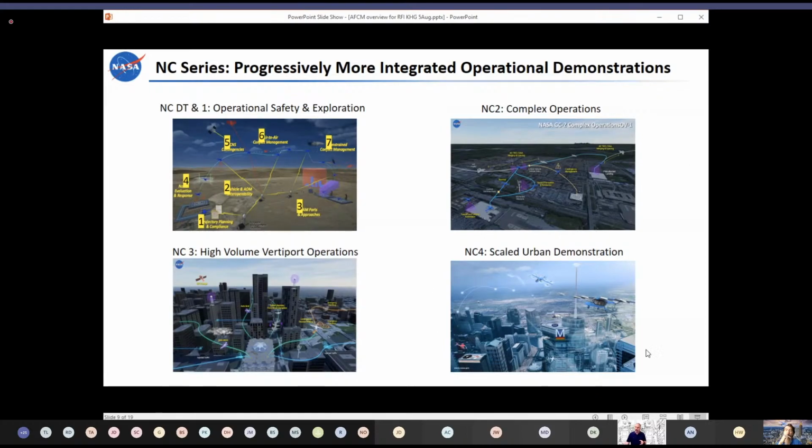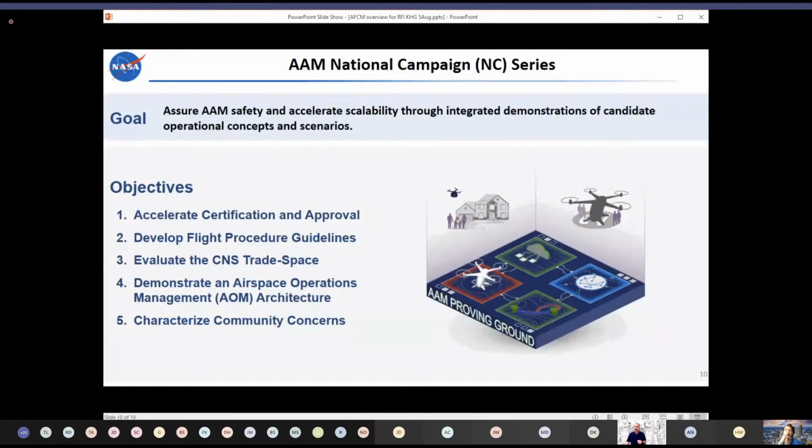And then finally, NC4 is showing the ability to operate at that UML4 level. So the overall objective of both the series as well as the AFCM sub-project is helping the community to move forward faster than it would be able to on its own.